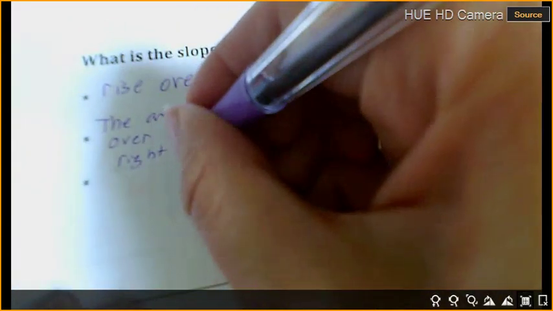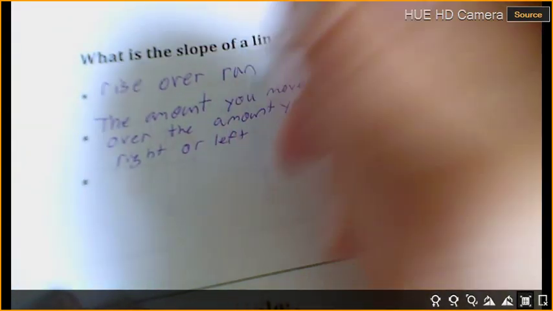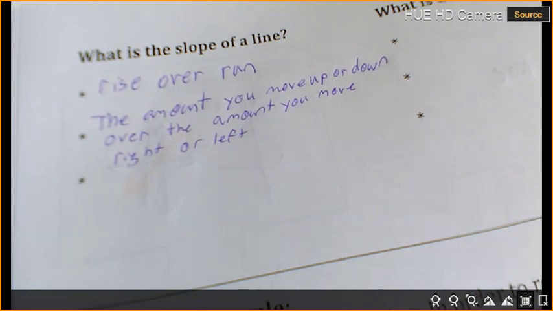Hold on, let me write it down. The amount you move up or down over the amount you move right or left.